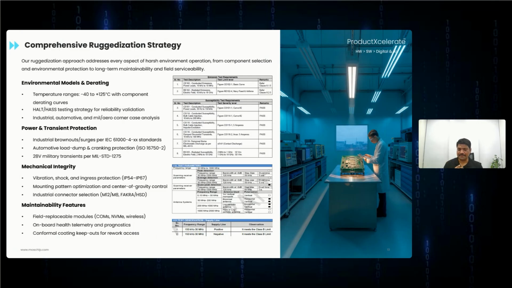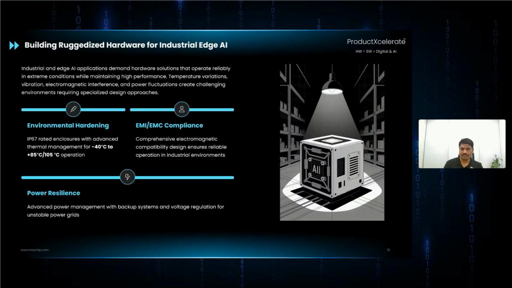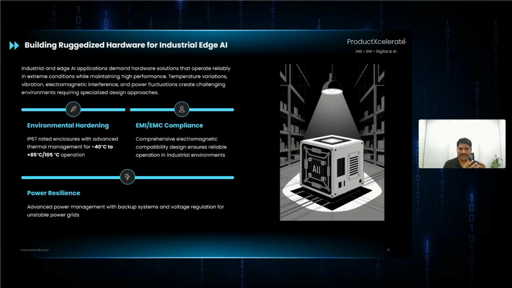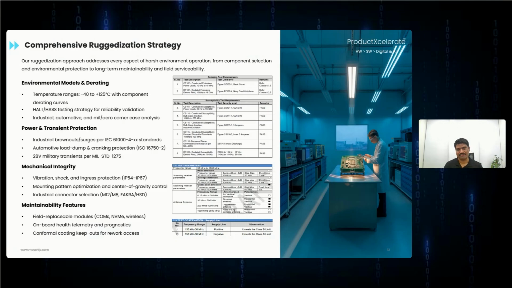Power stability by following transient protection, surge handling, and graceful degradation under brownouts. Mechanical integrity by following proper selection of materials, mountings, and connectors designed for shock, vibration, and ingress protection. And more importantly, maintainability: field replaceable modules, built-in telemetry, and diagnostics that keep service engineers stable.